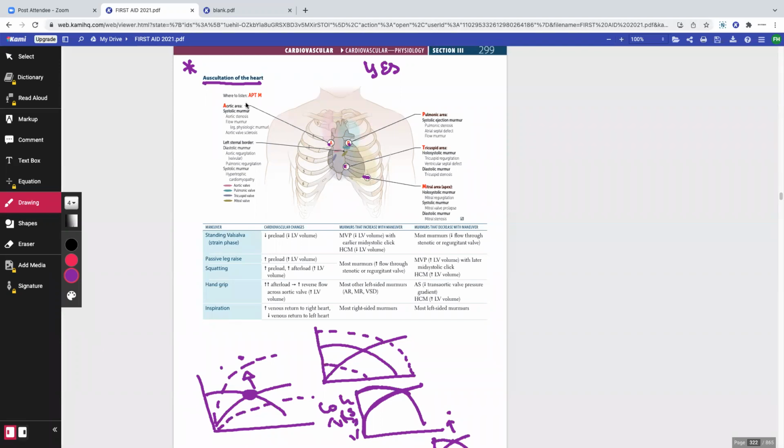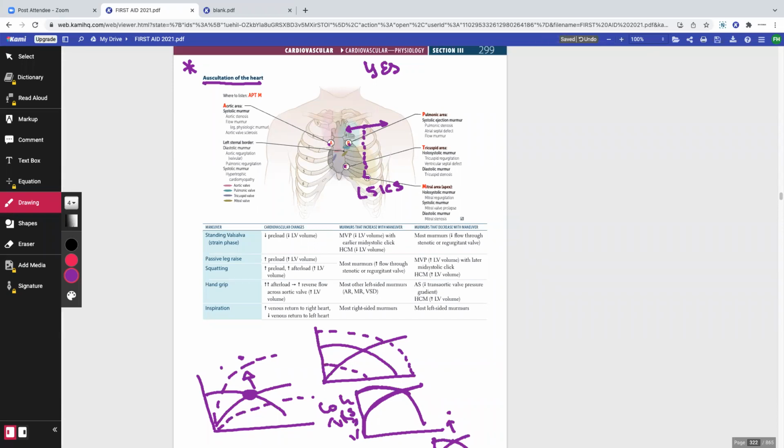Over here, auscultation of the heart, where do we listen? Now, please write this down in your book. The mitral area is at the left fifth intercostal space in the mid-clavicular line. This is the clavicle. In the mid-clavicular line, at the left fifth intercostal space, we can hear the mitral sound.